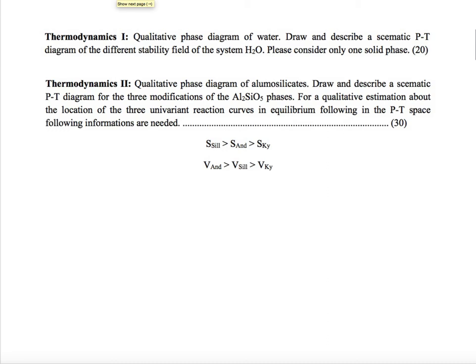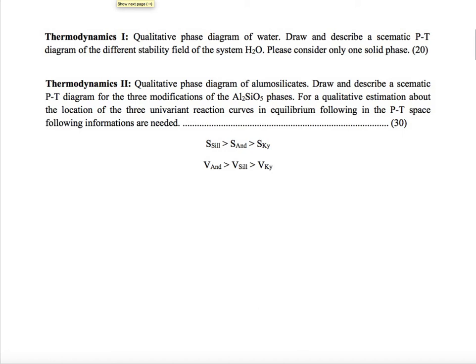Here I have prepared some questions for you. Question number 1, that is thermodynamics 1, qualitative phase diagram of water. We have done the qualitative phase diagram of water. Now in this exercise, you should describe and draw a schematic PT diagram of the different stability fields of the system H2O.